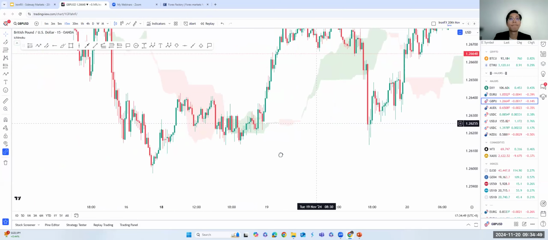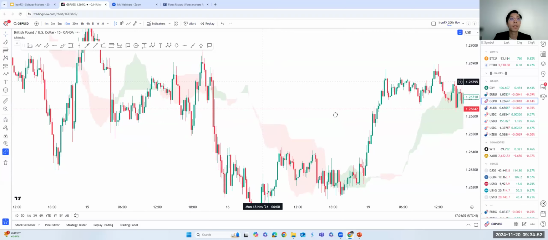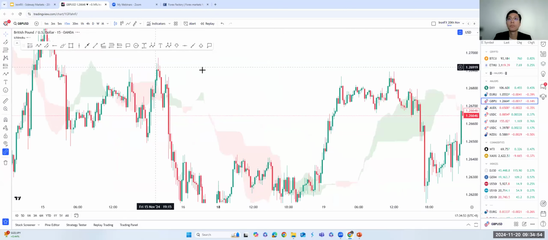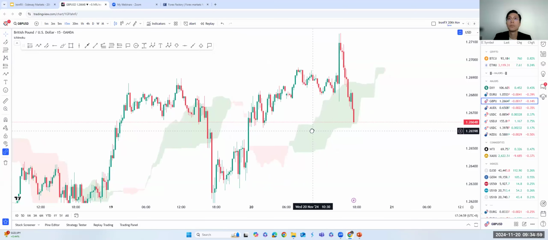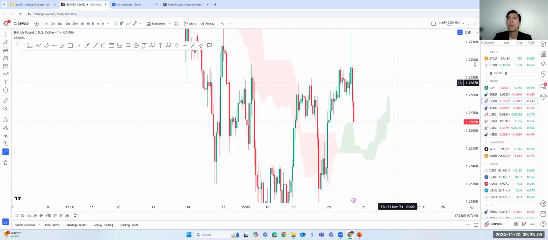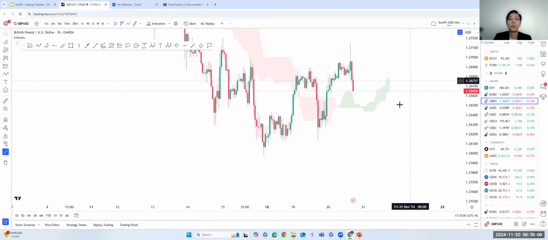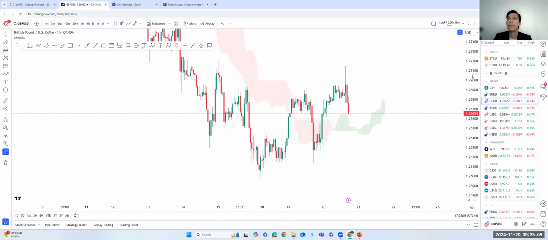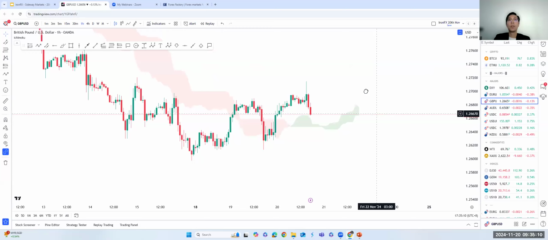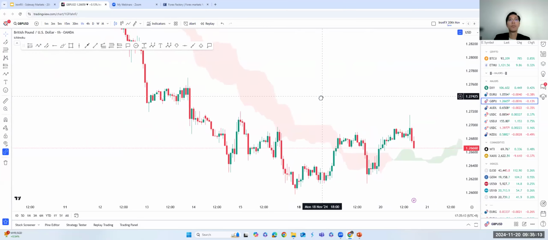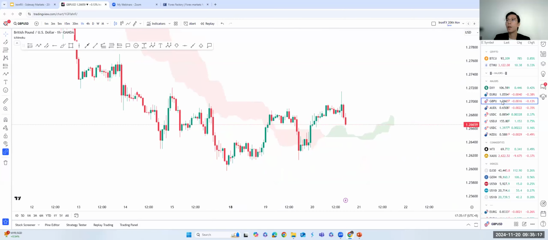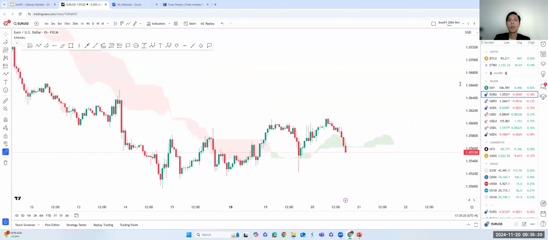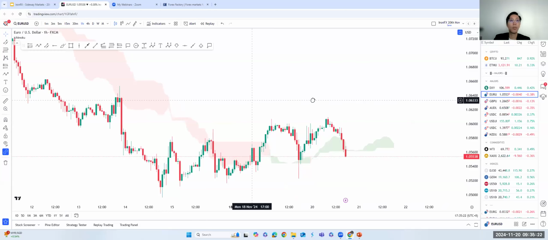GU doesn't seem to consolidate as much. EU consolidates more compared to GU.